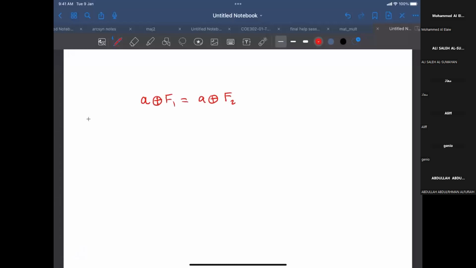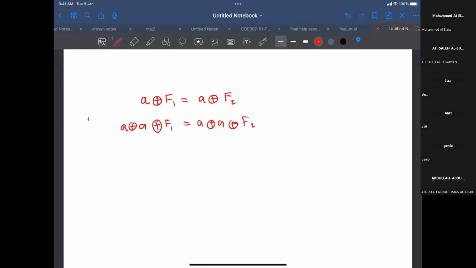So basically, this is a Boolean equation. You can solve it by XORing both sides with A. XORing both sides with A will yield A XORed with A XORed with F1 equals A XORed with A XORed with F2.